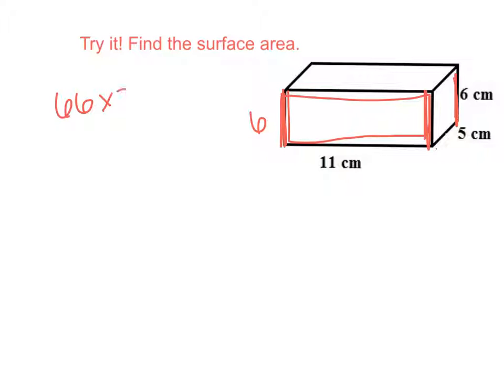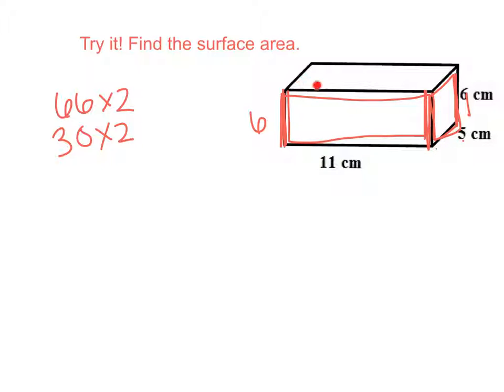I'm going to multiply that by 2 because there's another lateral face on the other side that I can't see, which I'm including. I'm going to find the area of this base, which is 6 times 5, which is 30. Multiply it by 2 because there's another base on this side that I can't see.